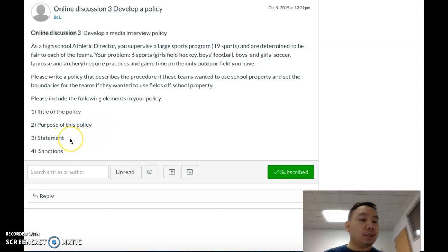And then you have policy statements. So for these policies, basically, you will have to let people know if those teams want to use the only facility we have in the school, what are the procedures? How should they apply for these facilities?